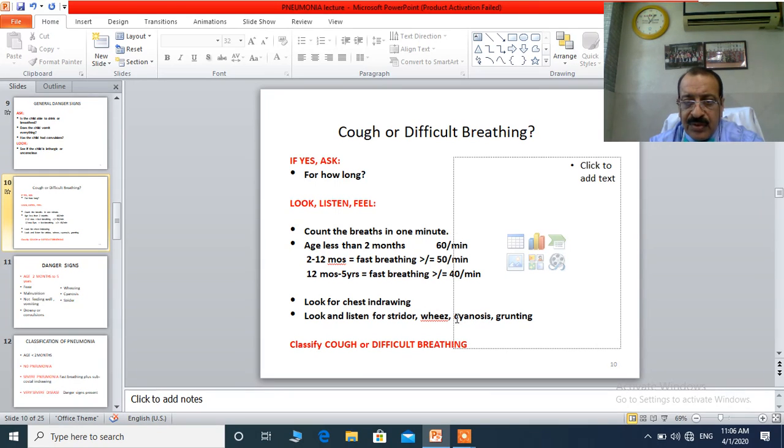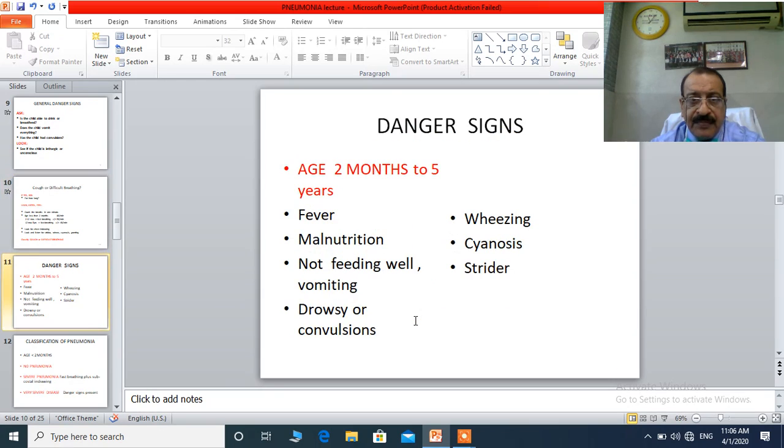Cyanosis indicates poor oxygenation of the blood, and then grunting also indicates difficulty in breathing. So on the basis of all these findings, we can classify the pneumonia, and this is known as IMCI classification of pneumonia.